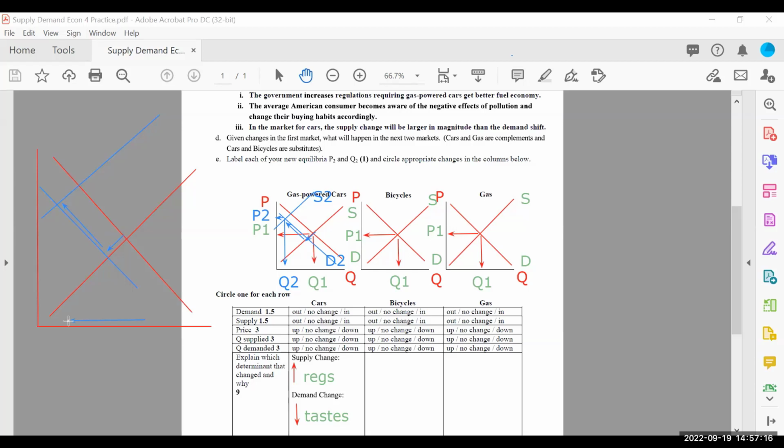So look along which curve your quantity changed. Notice how quantity changed here along a supply curve and then changed here along a demand curve. When we're measuring quantity, where are we measuring? Along the y-axis or along the x-axis? X. So notice this one, it looks like it's going up, but it's really going in, right? It's going in on the x-axis.